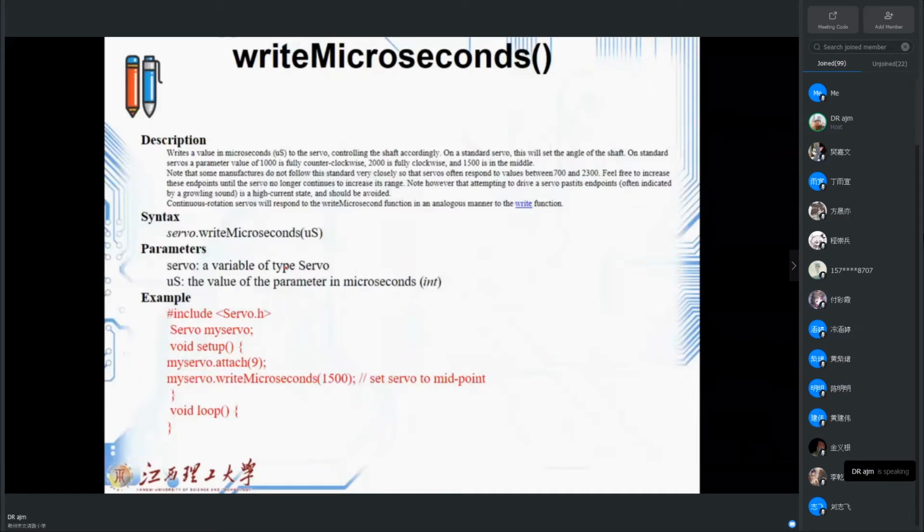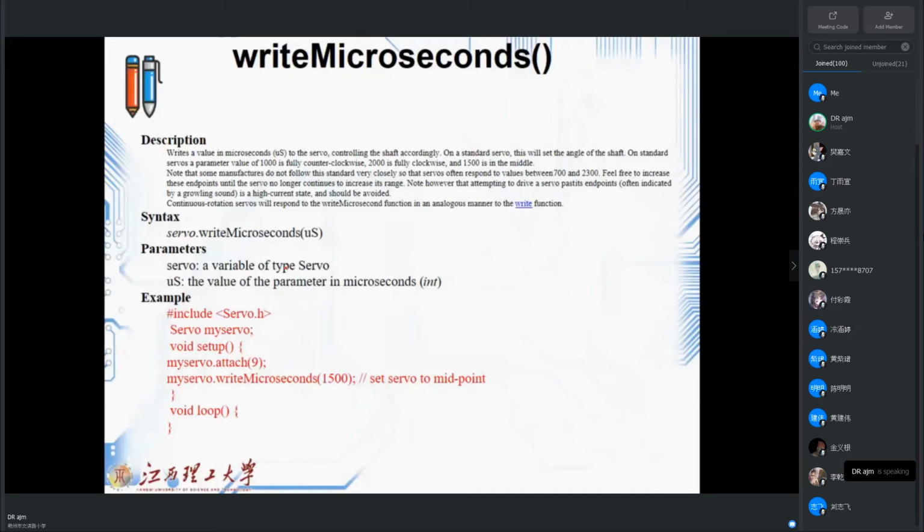As an example, you use Servo myservo. In void setup, first you specify which pin you connect to on your Arduino board, and next you call myservo.writeMicroseconds, which will go to the midpoint.